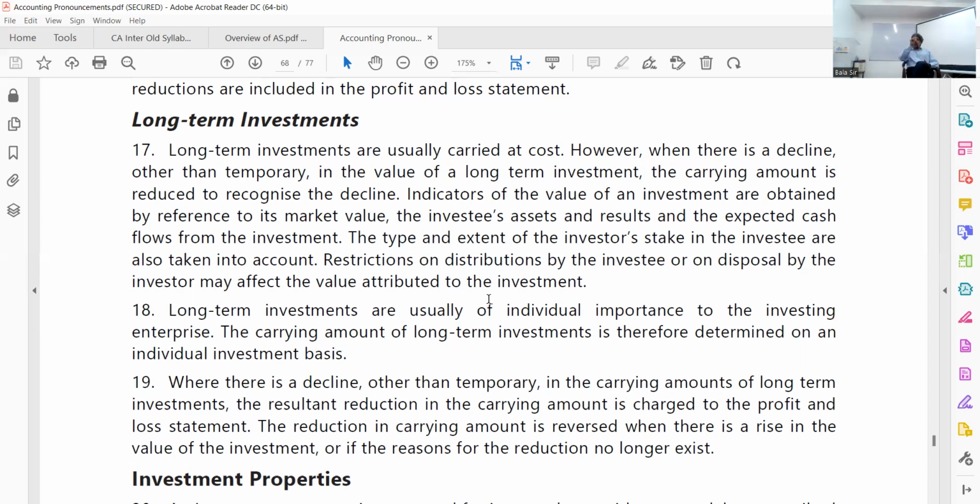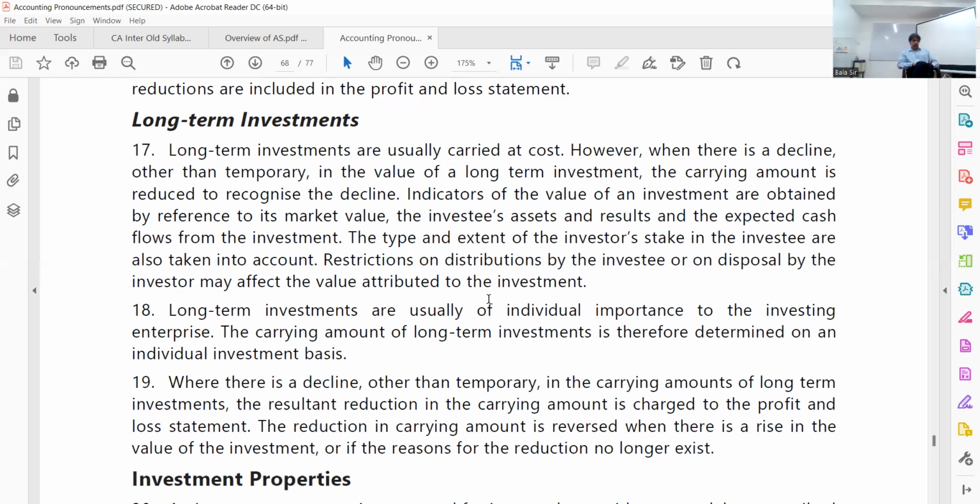However, if there is a decline in the value of long-term investments, and the decline is other than temporary, right? Don't write permanent, write other than temporary.